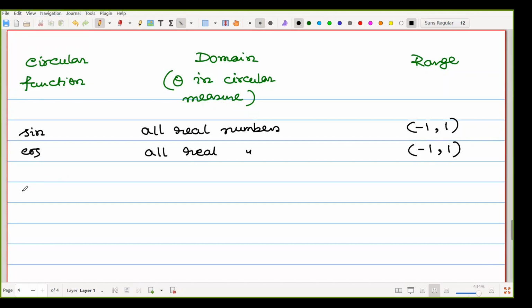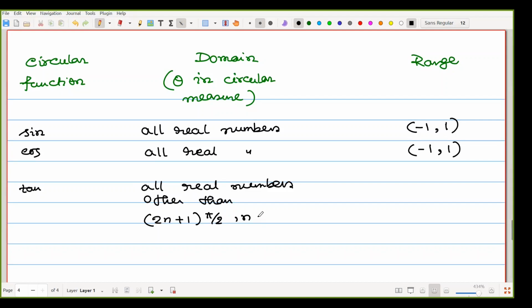Then the tan, all real numbers, but other than (2n plus 1) pi by 2, n is an integer, so it gives us all real values.